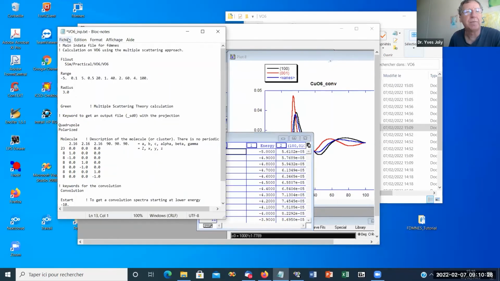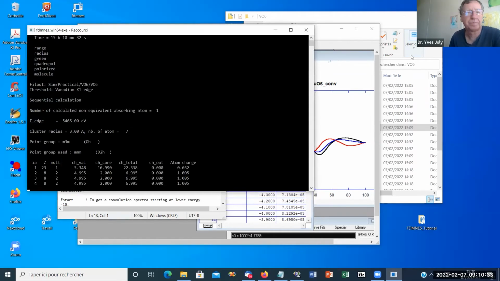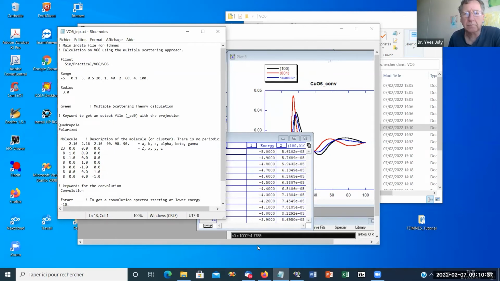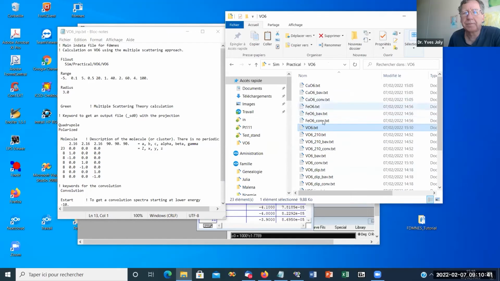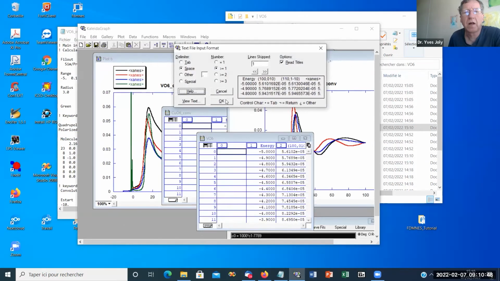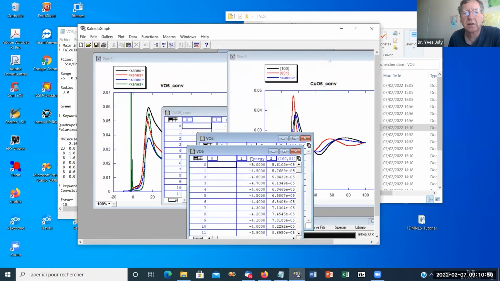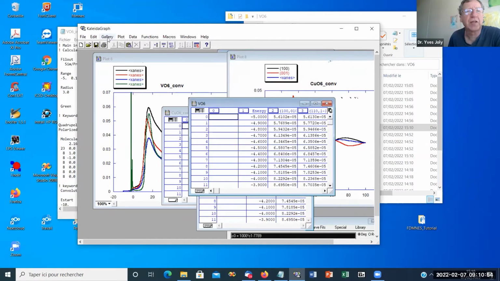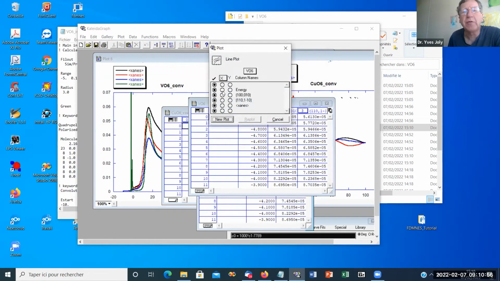And indeed, I save, I run. So in that case, the code has calculated the two non-equivalent directions.